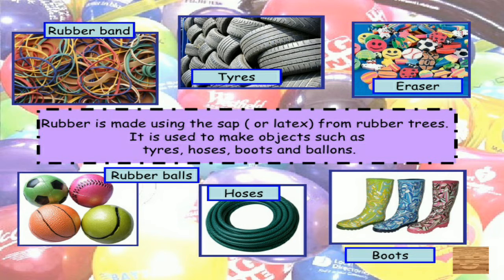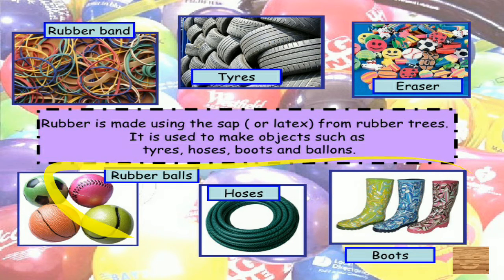So, rubber is made using the sap or latex from rubber trees, and it is used to make objects such as tires, hoses, boots, and balloons. So, here we can see various objects of rubber. It's a rubber band, tire, eraser, then rubber ball, hoses, and boots.